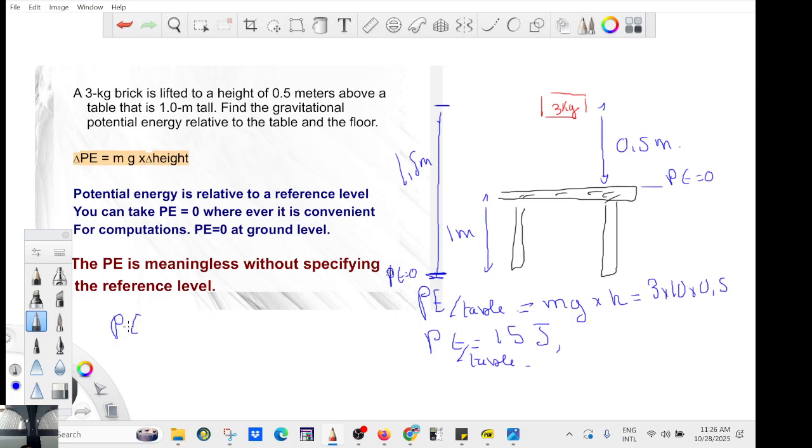So potential energy relative to the floor is going to be the mass 3 times 10 times 1.5, which is what? 45 joules. Thank you. Yes, you're right. 45 joules.